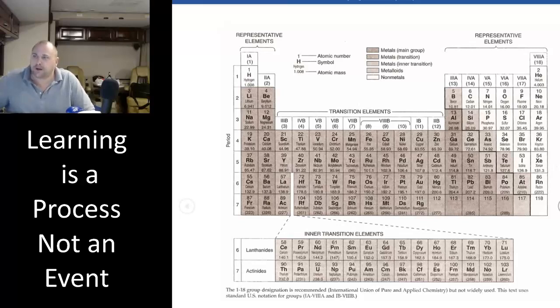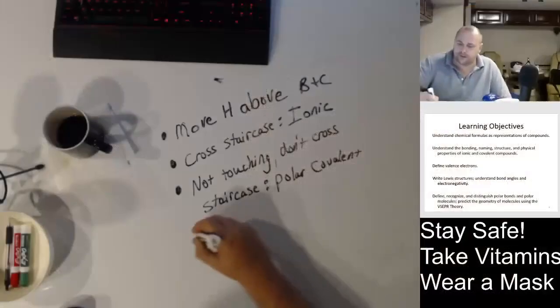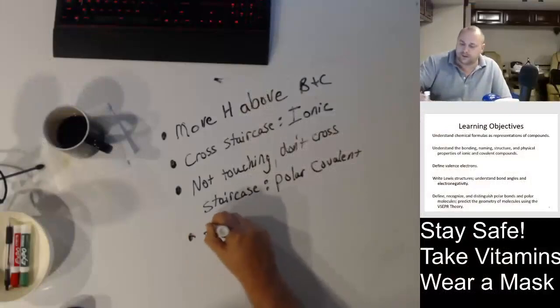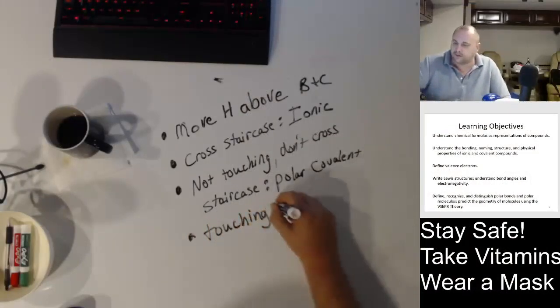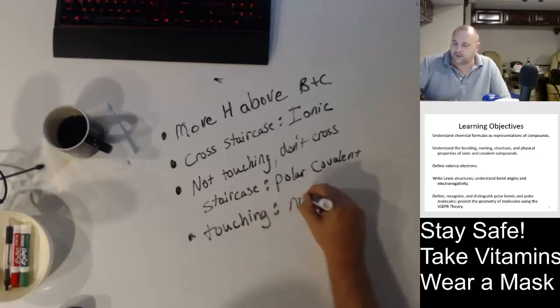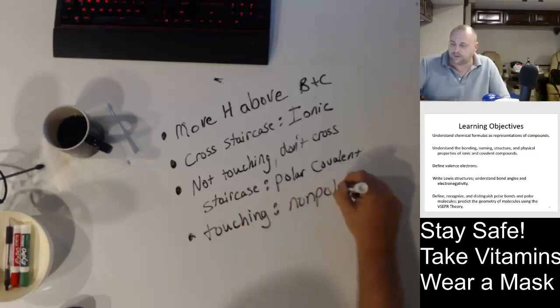All right. Now, our last case is what if they are touching, like nitrogen and oxygen? They're touching side to side. So touching is our last case here. If the boxes are touching, that's going to be nonpolar covalent.